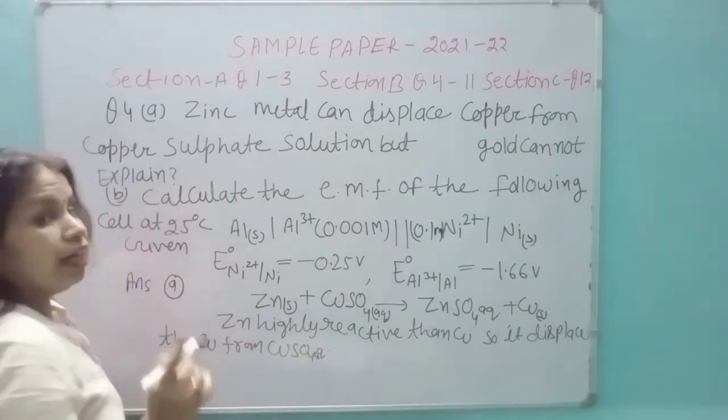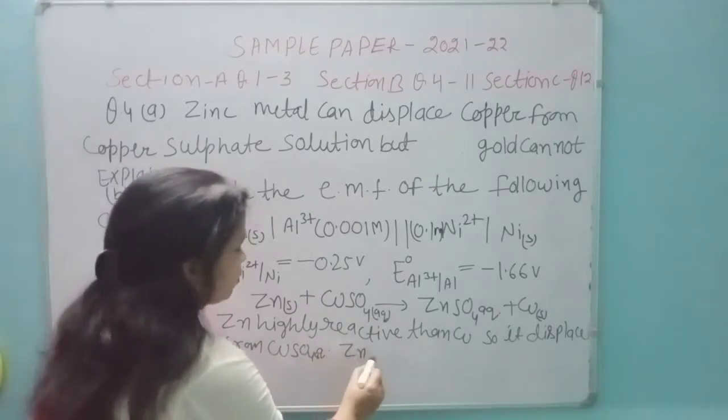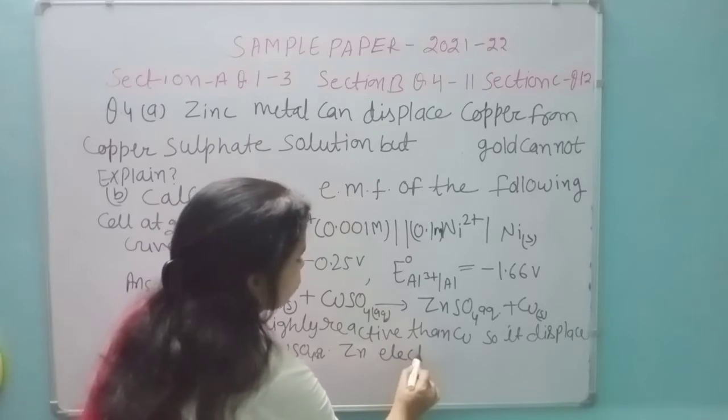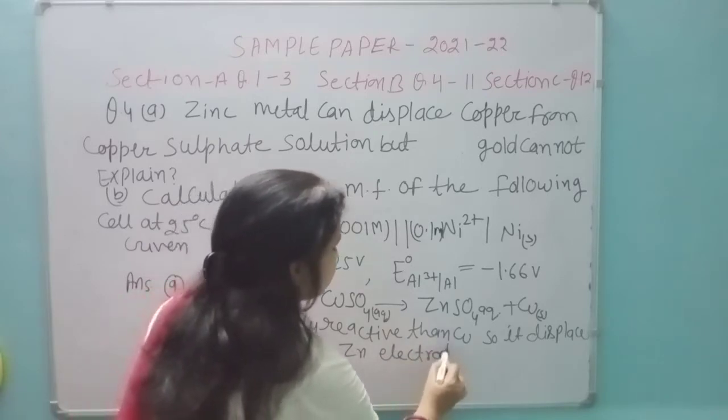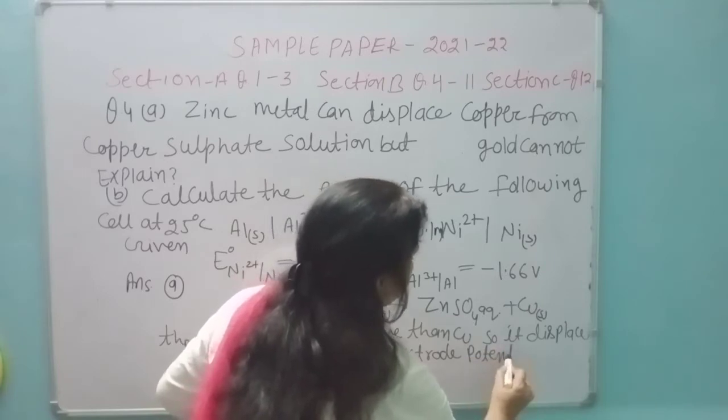Clear? And the electrode potential of zinc is more negative than hydrogen.